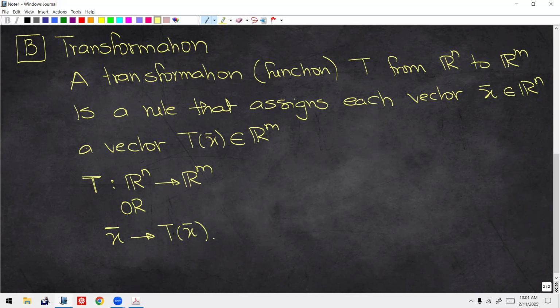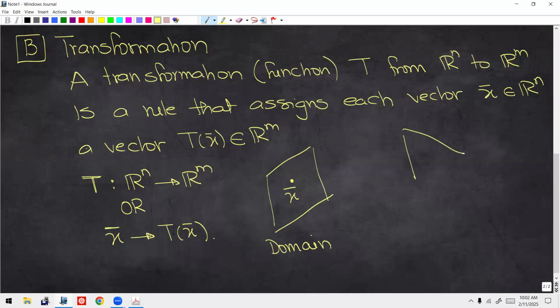Okay. And visually, what this basically means is just like we drew that picture earlier. This is my vector x, so this is my domain. And here is my codomain. And within the codomain, I have a range that it's going to get assigned to. So this is going to be my range.